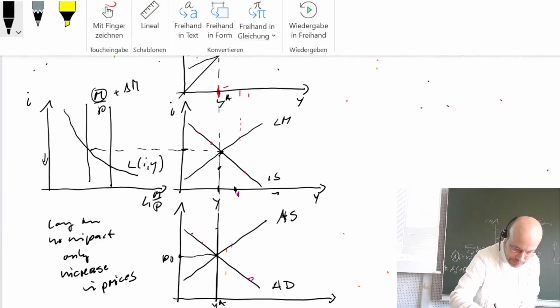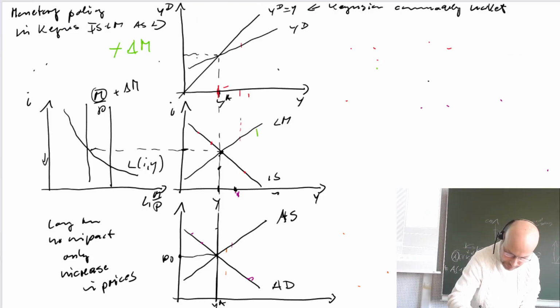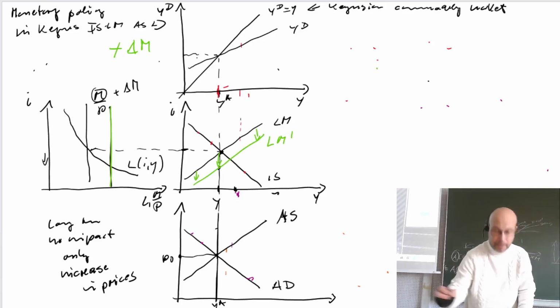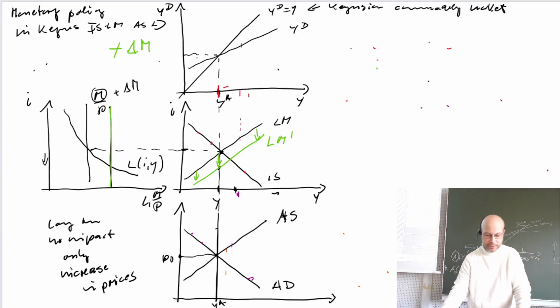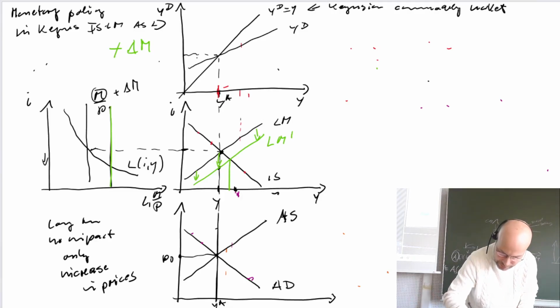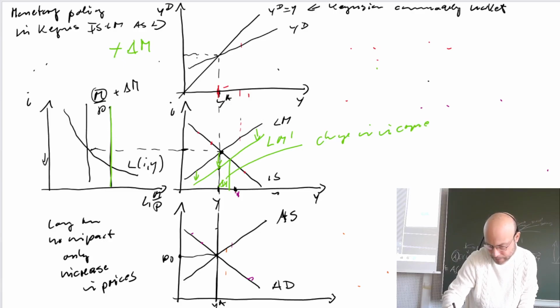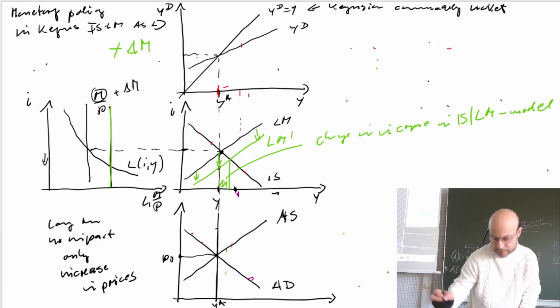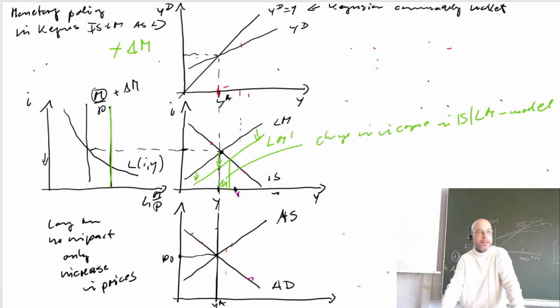So this we wanted to do in green, also green. So this one has to go downwards and everything. So we got a downward shift of the LM curve. And this would be now the change in income in the ISLM model. What does this mean now in the ASAD model?